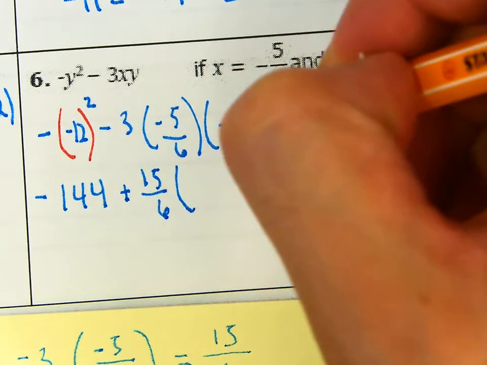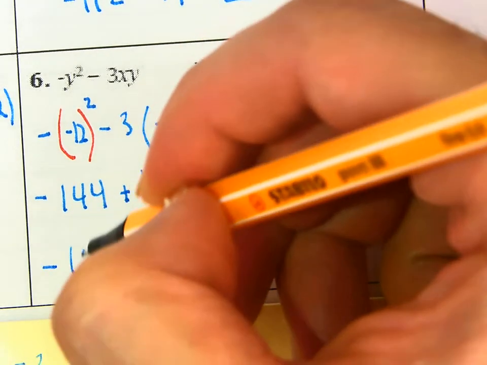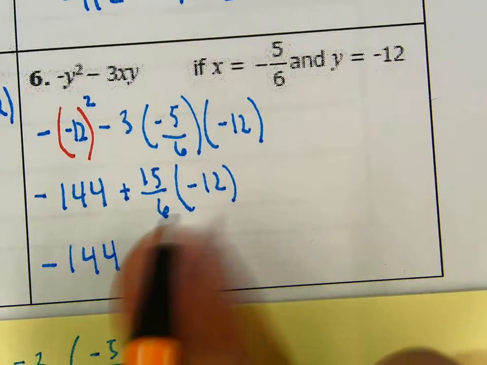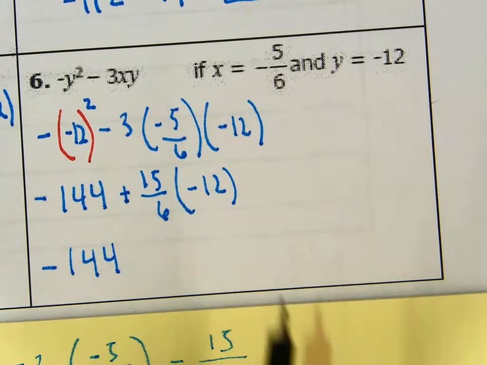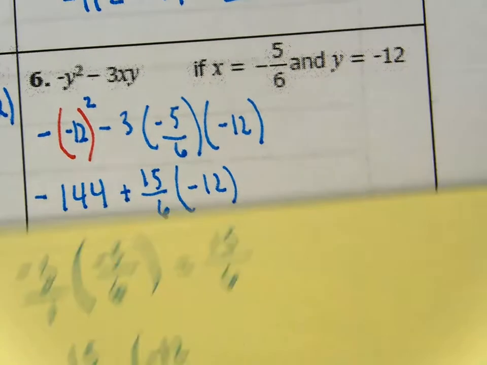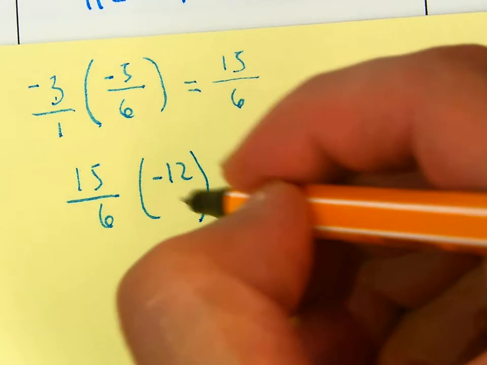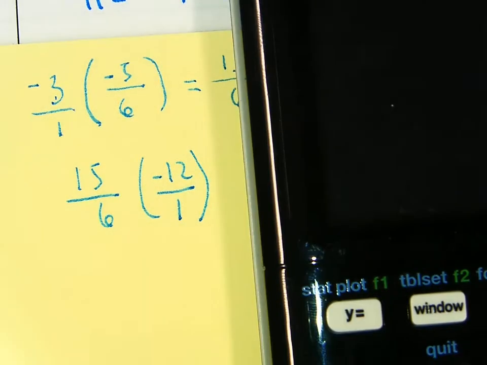And then we're going to multiply that by negative 12. So this is negative 144. And then we have to multiply these two numbers, right? First we multiplied these two. Now we got to multiply these two. So what is 15 over 6 times negative 12, right? I have to put this over 1. What is 15 times 12?